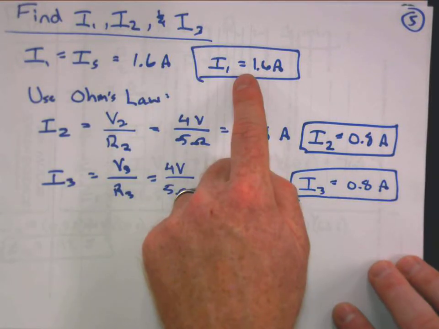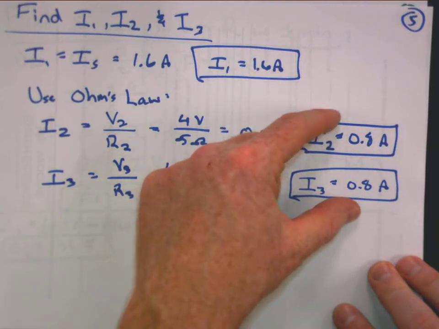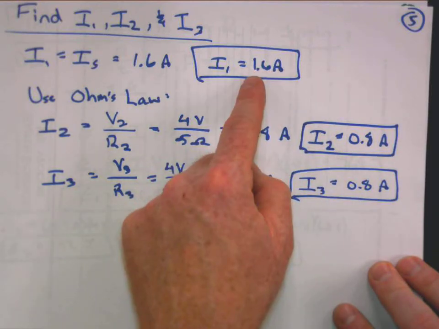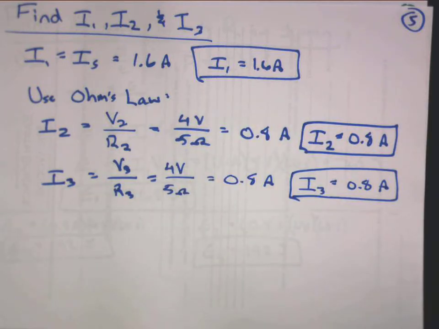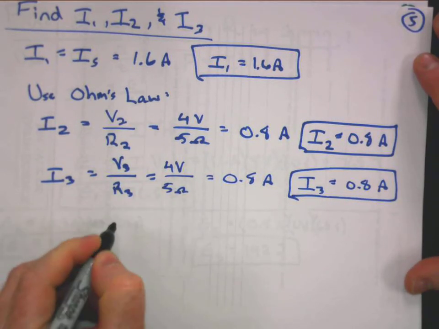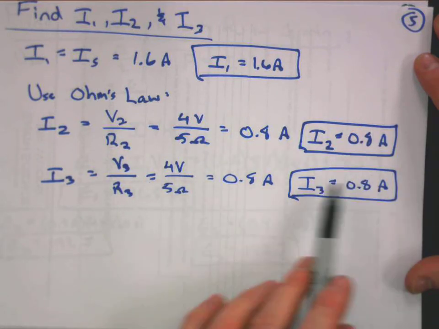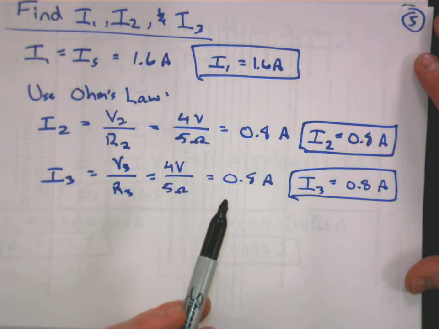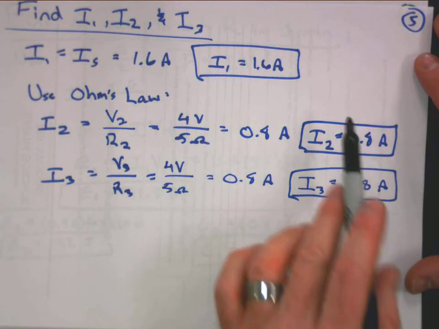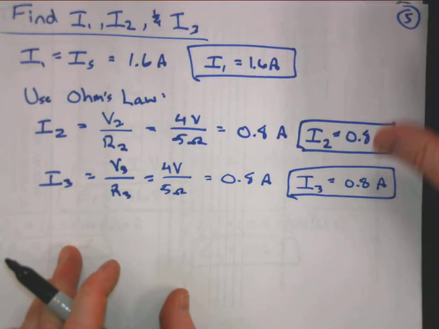Then I found the individual currents through each one. Current through R1 is, look at that, it's larger. In fact, it's equal to the sum of those 2. That's kind of curious, but that makes sense because these 2 are parallel to each other, but this and this are in series. So what I would have to do is add these 2 together, and you get that. I don't want to take this video any longer than it is.